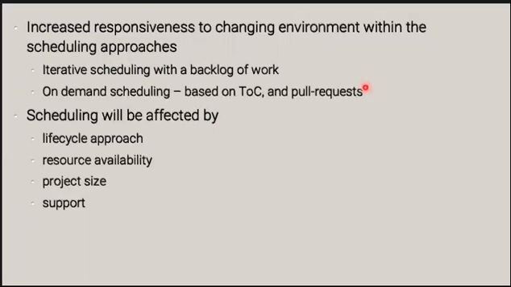And the way we're going to be doing the scheduling for our project is going to be affected by many things, including but not limited to what life cycle we are subscribing to, whether it's the waterfall or any of the discovery methods, whether we have sufficient resources, and how we're going to deal with resource unavailability, how big our project is, and what kind of support we can ensure for our project.